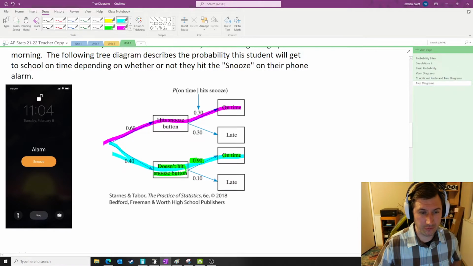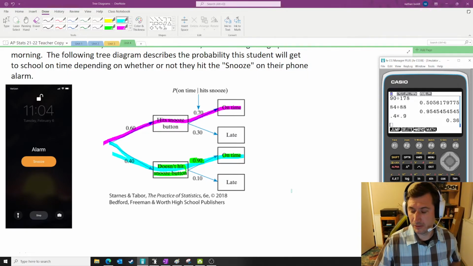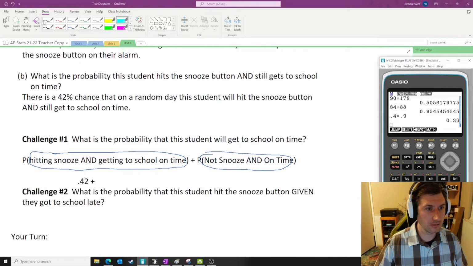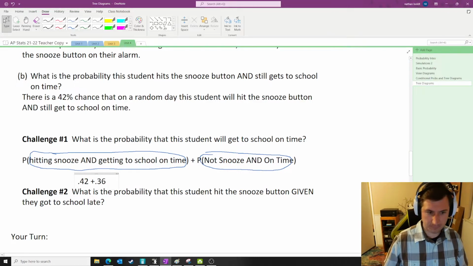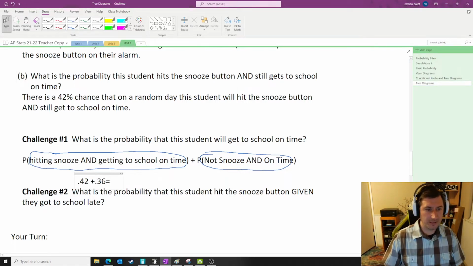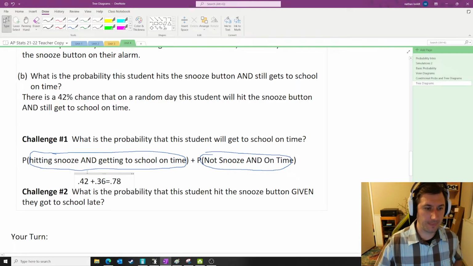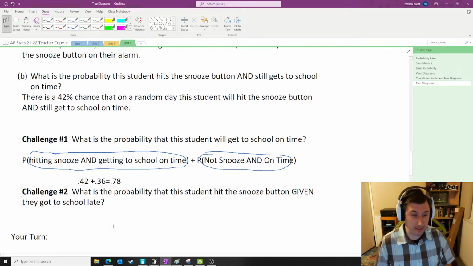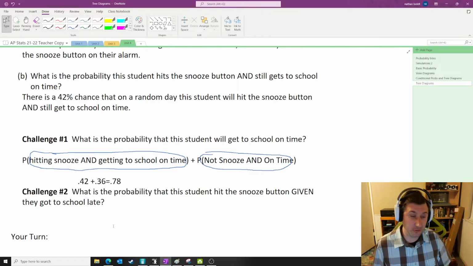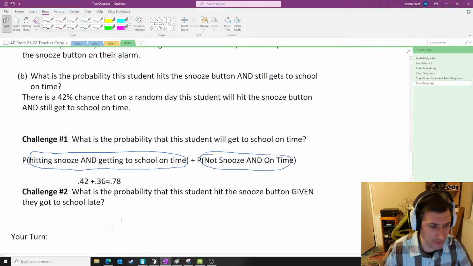So 0.4 times 0.9 is 36%. So that is 78%. All right, so on a random day, there is a 78% chance this student gets to school on time. And there's two ways that could happen, but overall there's a 78% chance.